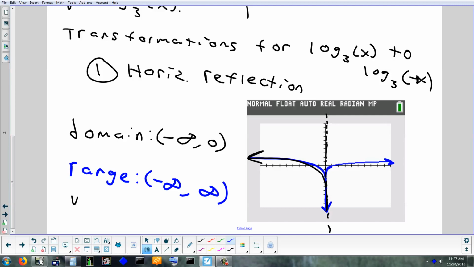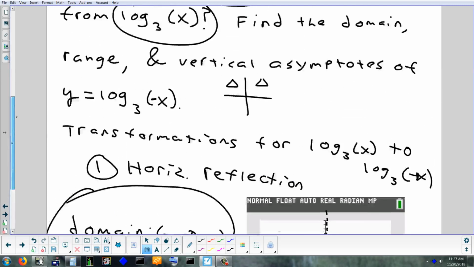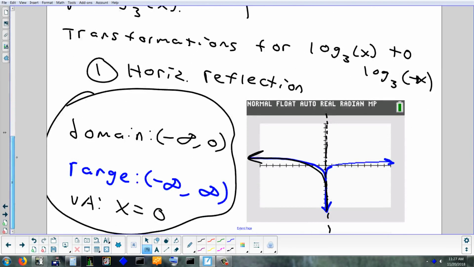So vertical asymptote is x equals 0. I almost wrote y equals. Y equals is horizontal. This is not, it's vertical. And that's it.